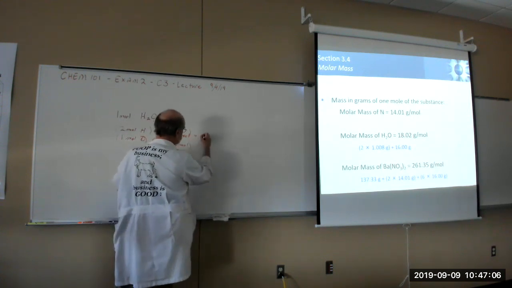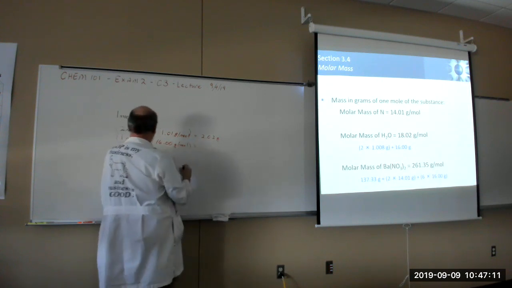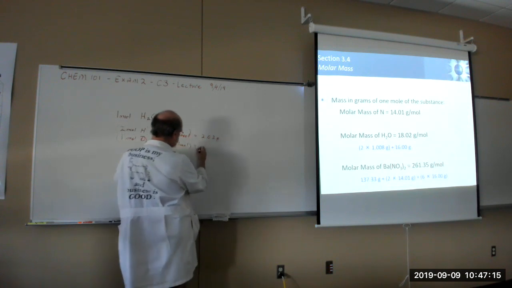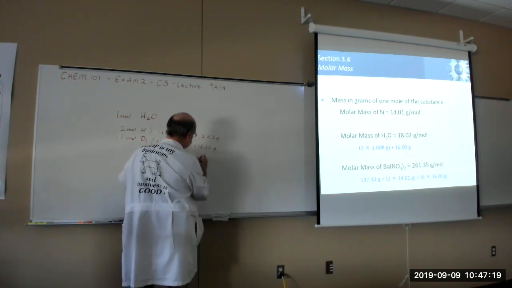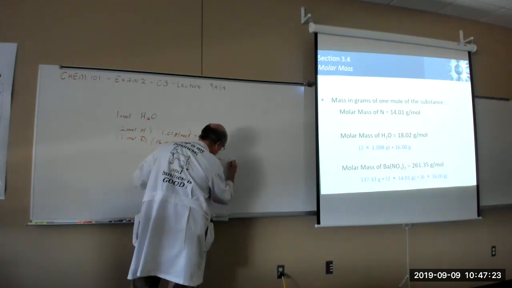Two moles of hydrogen is 2.02 grams, and 1 mole of oxygen is 16 grams. So we have 18.02 grams per mole of water.